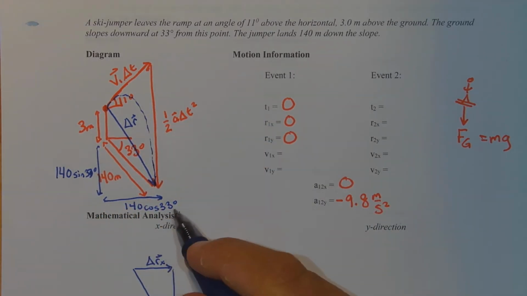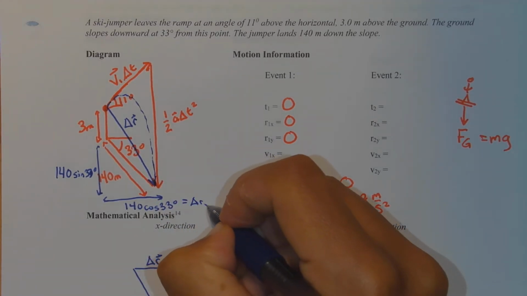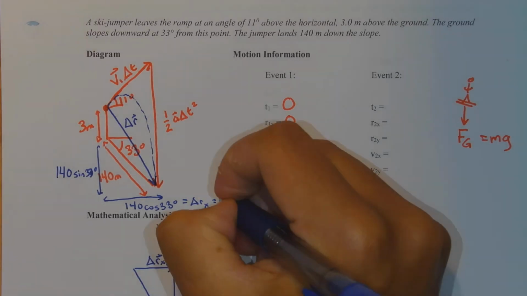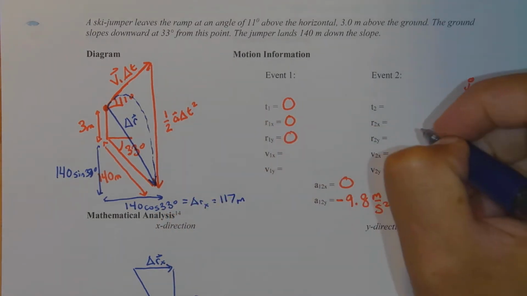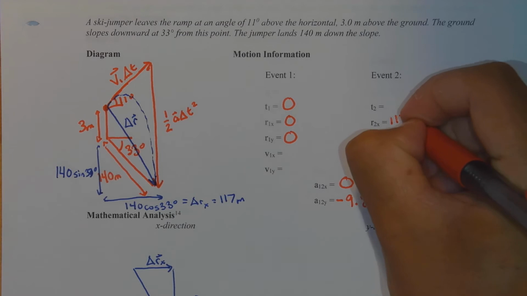So delta Rx is equal to 140 times cosine of 33 degrees, which is 117 meters. Okay, so this is 117 meters.